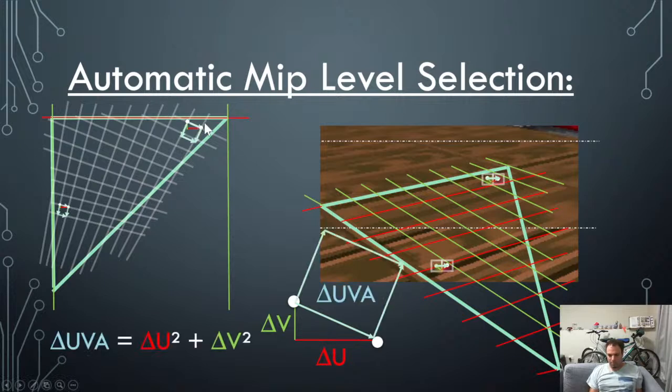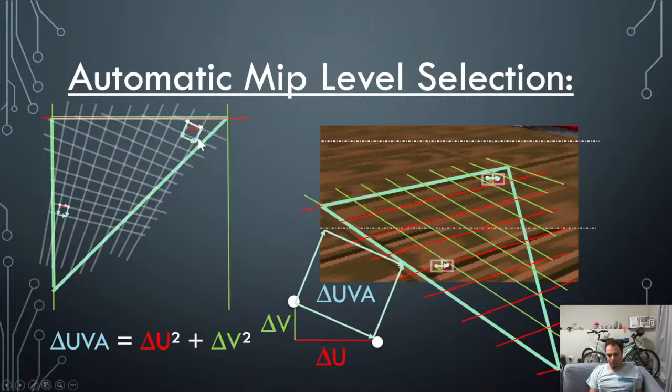This is an explanation of how to approximate it. We have these two vectors here and here, and we want to estimate the surface area being captured in UV space.